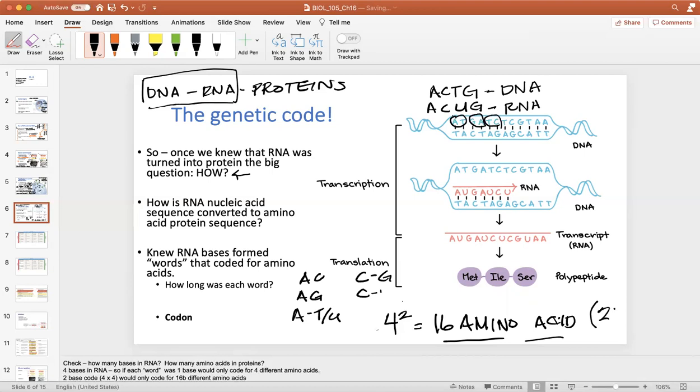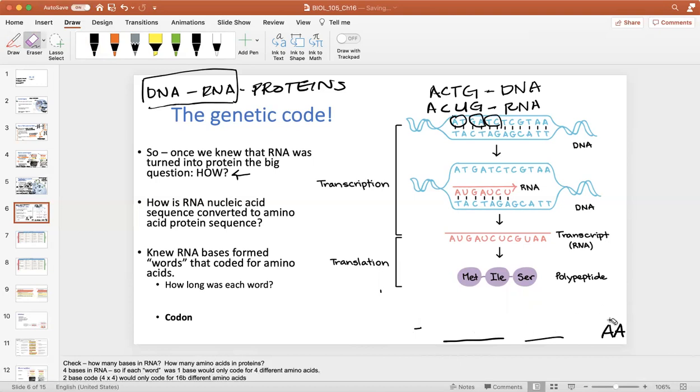We use 20 amino acids to make proteins. So ultimately, a code that included only 2 of these bases to refer to an amino acid would also be insufficient. So Francis Crick did the math and he said, well, what if we used 3 of our bases?